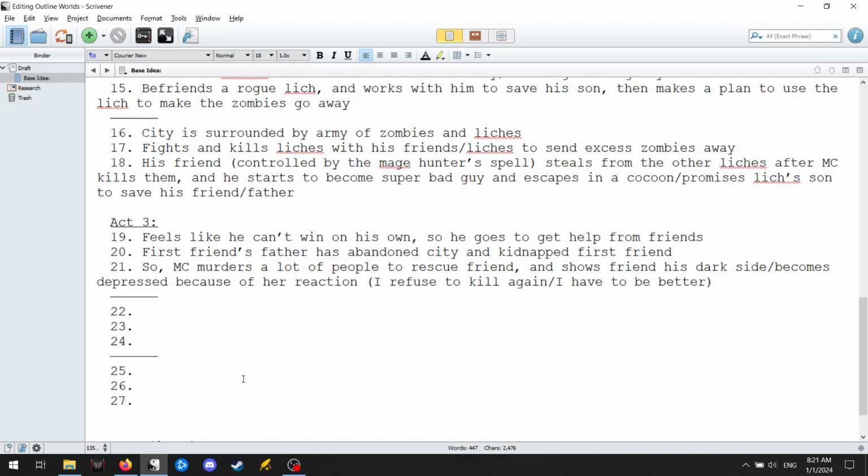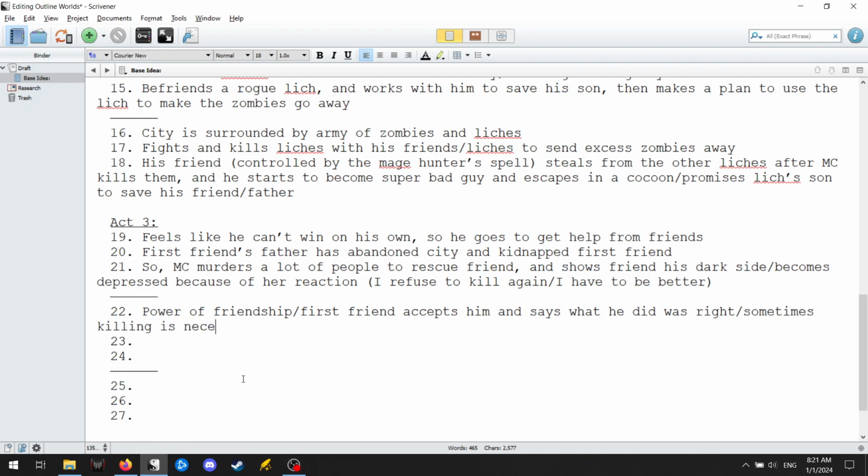So, power of friendship: first friend says what he did was right, sometimes killing is necessary, though he doesn't believe it.